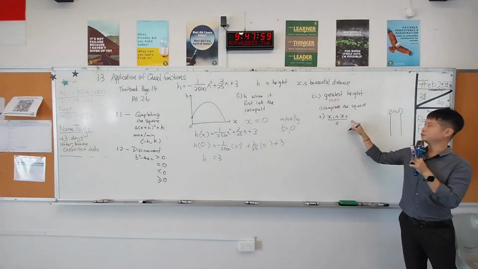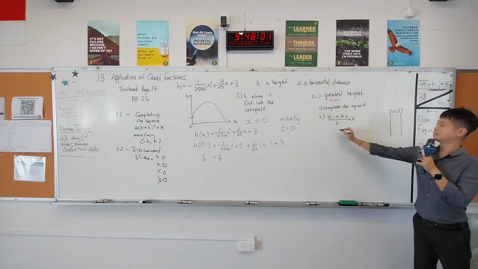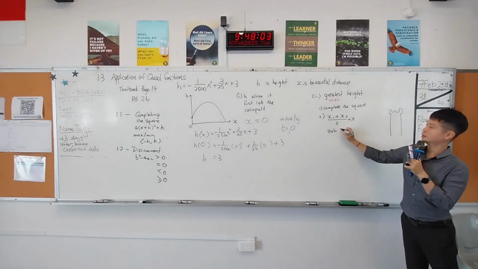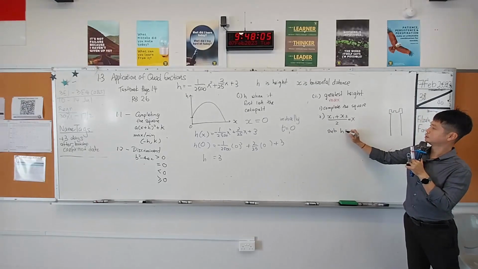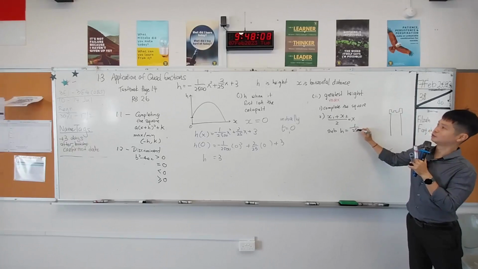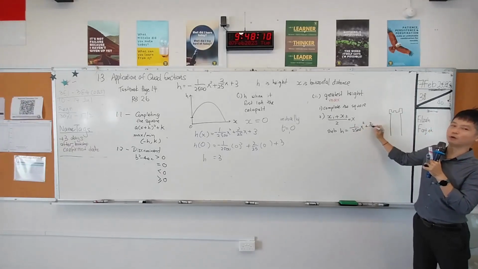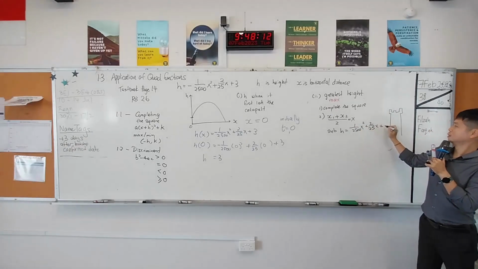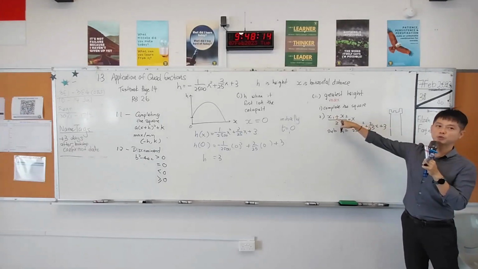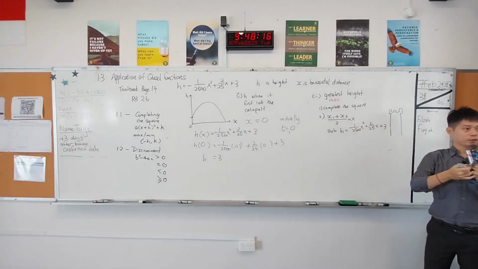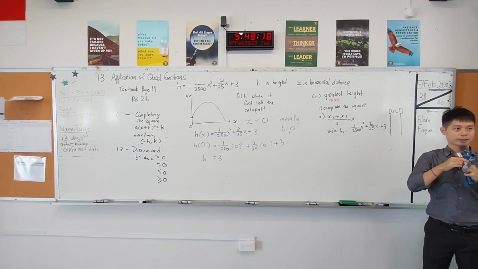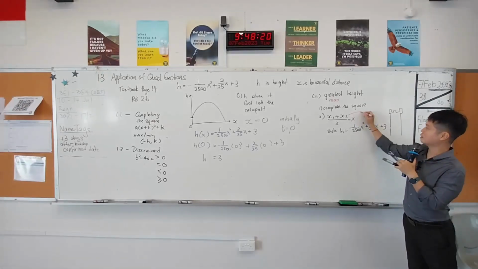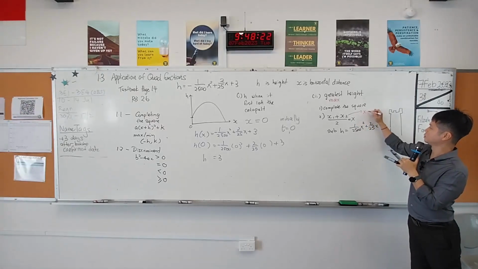After we find this x value, we will sub into the equation. So the thing now is, which is more tedious? The x1 and x2 are found using the quadratic formula, negative b plus minus square root of b squared minus 4ac, over 2a. So these are found using the formula.